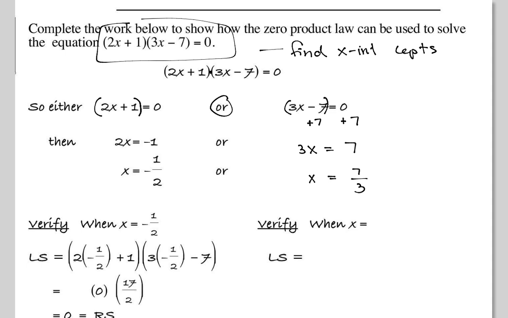Divide it out. So what I want you guys to be able to do is get so good at these that you could actually just use your finger or something, cover up that coefficient. It's way easier if it's not there. What's the opposite of minus 7? That's plus 7. How do you get rid of the 3? Divide it out. So these are the two x-intercepts for this equation.